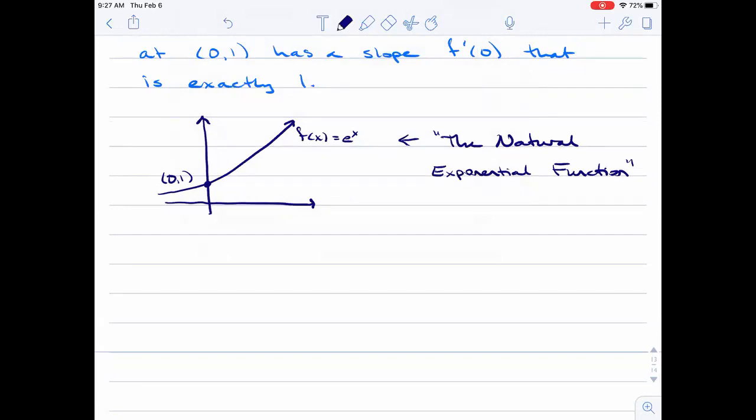What's neat about the natural exponential function is that the derivative of the exponential function e to the x is just itself.